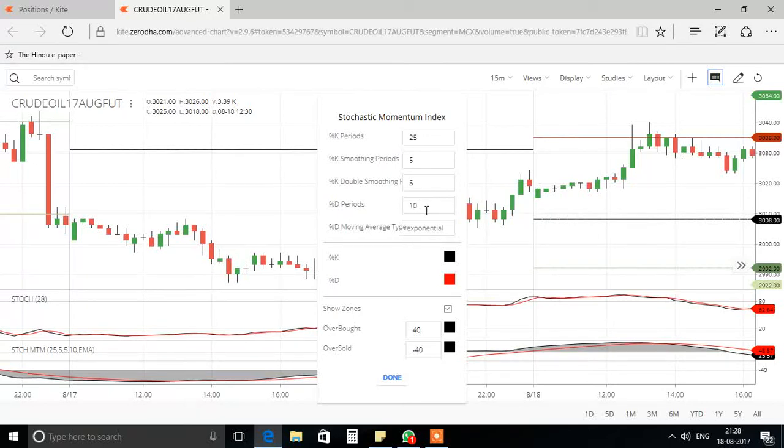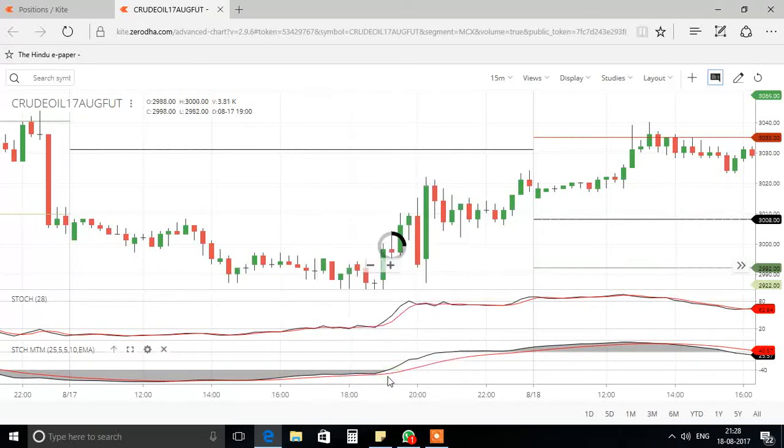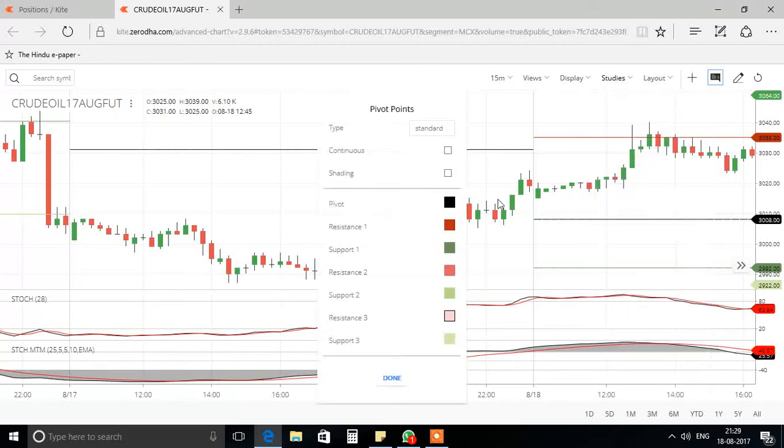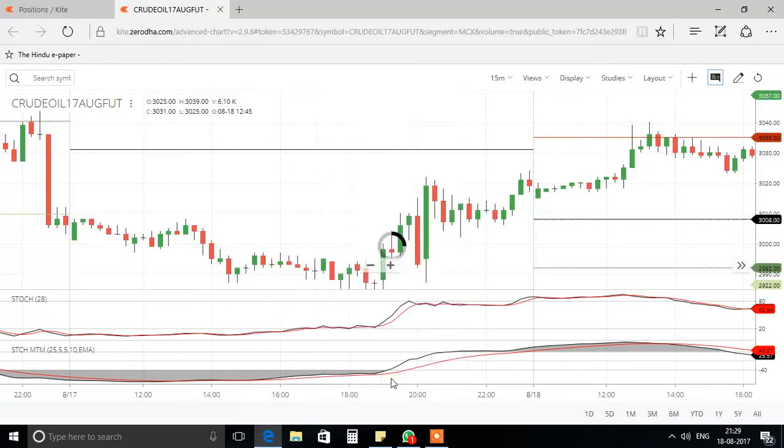This is ideally suited to delay the false signals, but there is also a risk that the buy signal will sometimes be delayed too. But overall, the false signals are eliminated. And then I'm using pivot points, basically the default values without changing, which tell me the resistance and support levels in a particular chart.